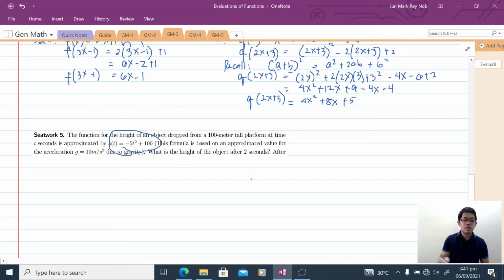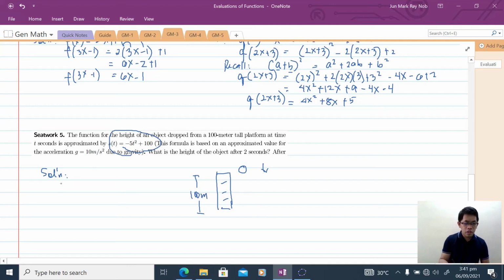So just the solution. Basically, you can just simply imagine this is 100 meters tall. The object is actually falling, whose height is actually determined by this.